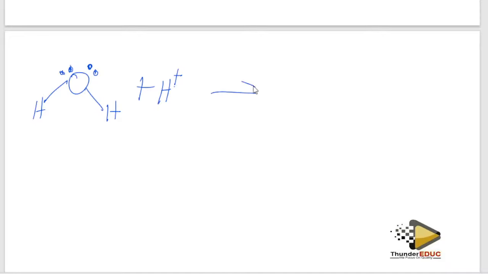When I combine these two, I'm going to have the water molecule here. This is the oxygen. I'm going to have the hydrogens here, two of them, plus the one which we have added.